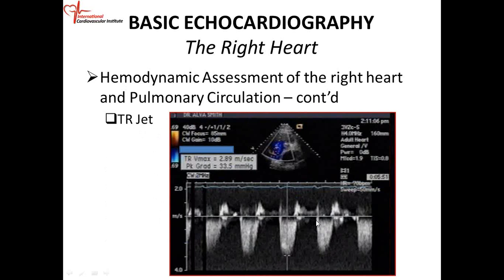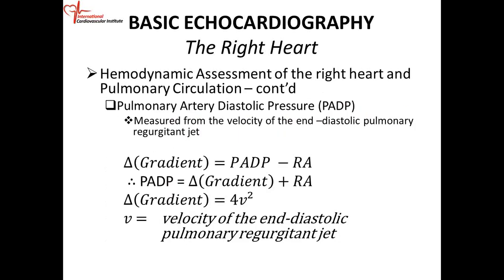So the peak velocity will give you an assessment of the gradient. You're going to square the velocity, multiply it by 4, and you'll get your gradient.